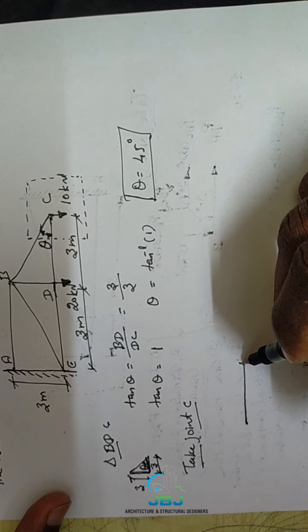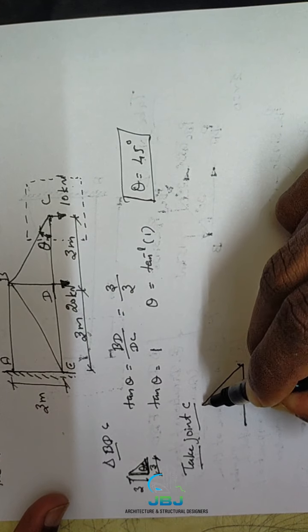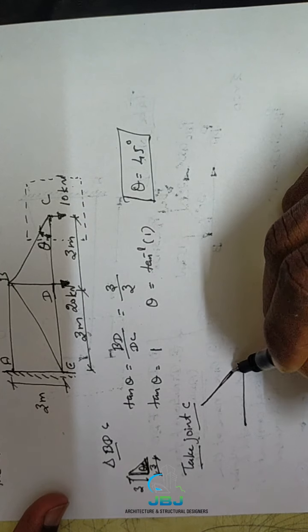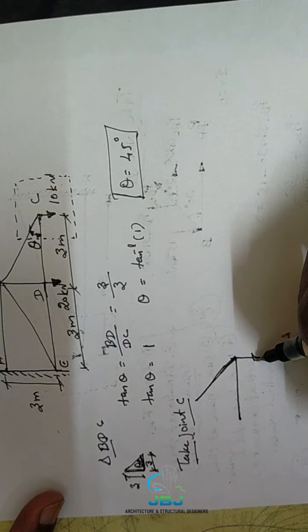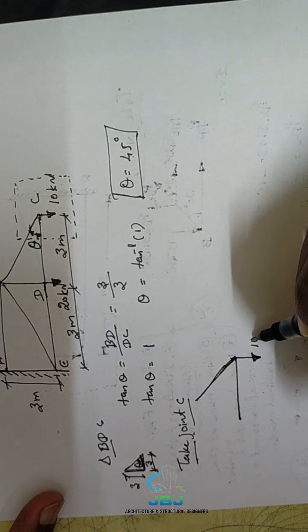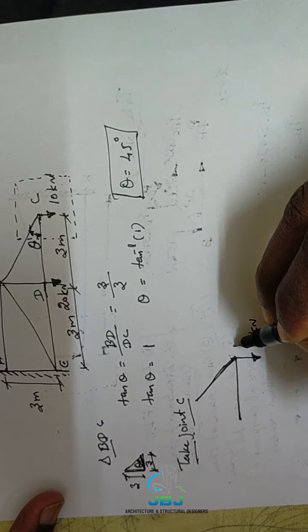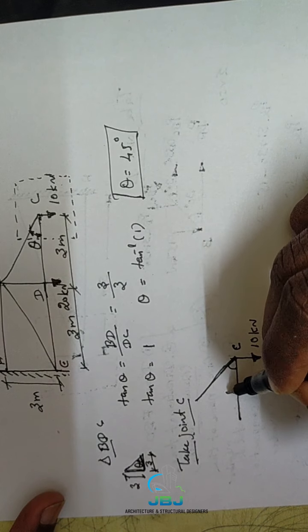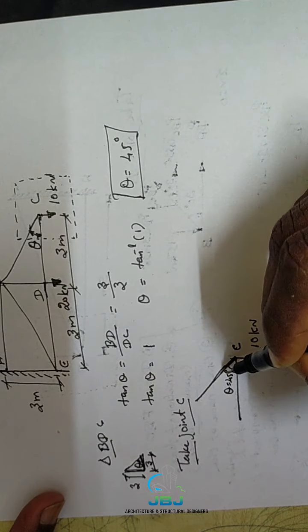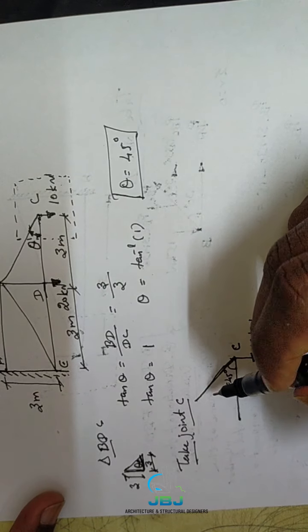That means you are going to draw the free body diagram of joint C. Here one point load is acting at this joint, whose value is 10 kilonewton. The name of this joint is C. The angle of inclination is theta equal to 45 degrees, the value of theta we found before.